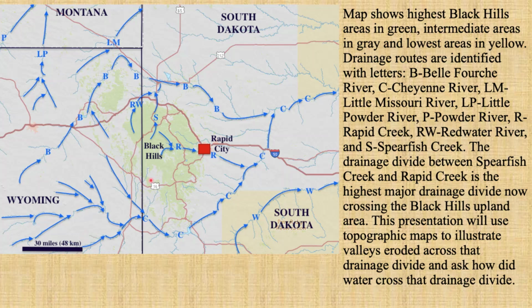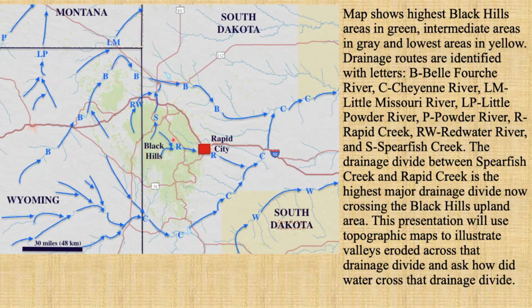And here's a map of the Black Hills area. You can see the Black Hills cross the Wyoming South Dakota border. This is the border between South Dakota and Wyoming here, and then the southeast corner of Montana is up here.